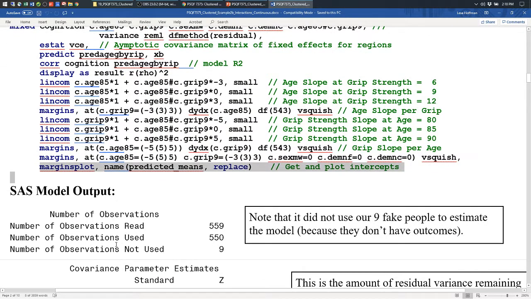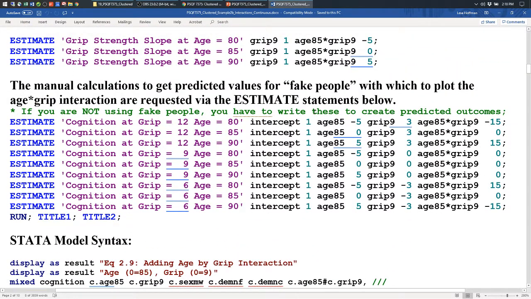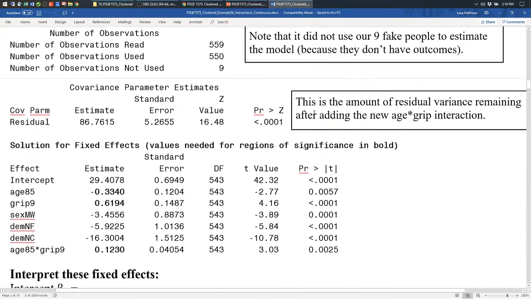Margins plot. And then we have SAS output, but the Stata output looks remarkably similar. Okay, so questions on the setup? All right, let's see what happened.